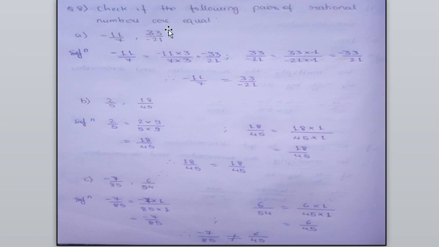So here we have to check whether both are equal or not. So to find out whether two rational numbers are equal or not, either you multiply the numerator and the denominator by the same number, or you divide the numerator and the denominator by the same number. So here I am going to multiply it.